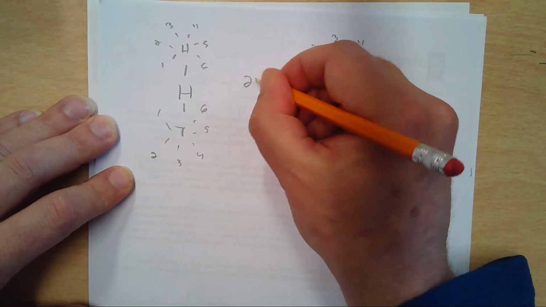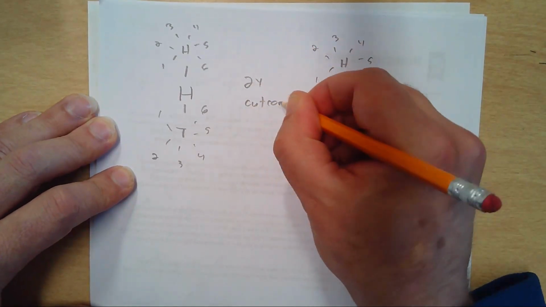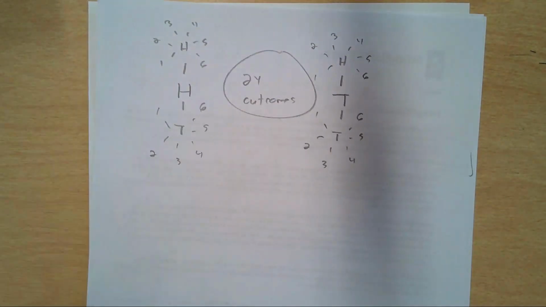So what am I representing here? If I count them all up, 24 outcomes. There's 24 things that could occur.